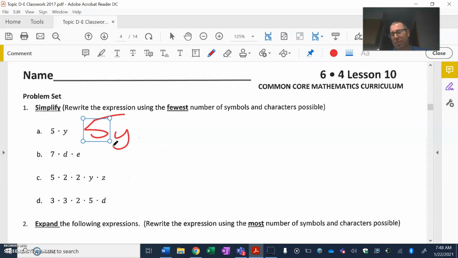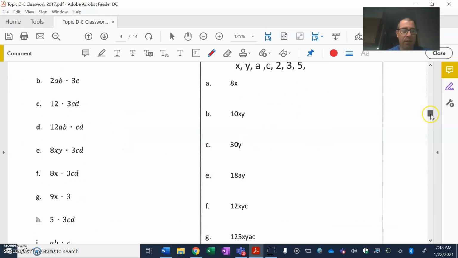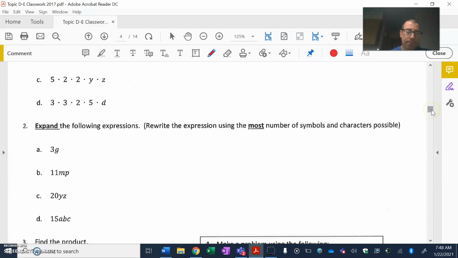Okay. Numbers and numbers like we saw before. All right. In the second part, they're asking you to expand. Okay. In the first one, I can't really break down 3. So it's just going to be 3 times g. Okay. But whereas the 15, I can break down. I'll let you take care of those guys.